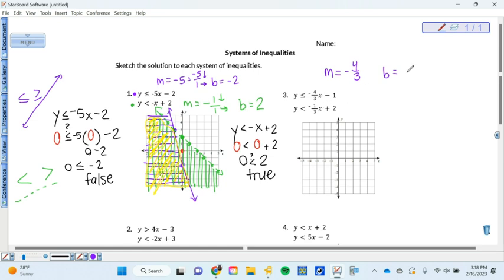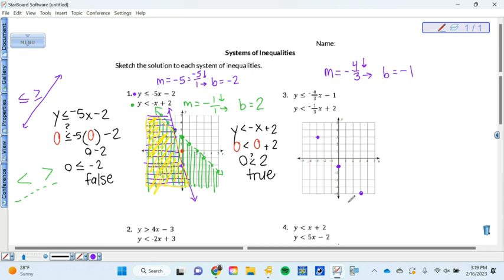The y-intercept is -1, so I go down to -1 on the y-axis. -4 over 3 is my slope, that means I go down 4 over 3, and I could go up 4 over 3 as well.